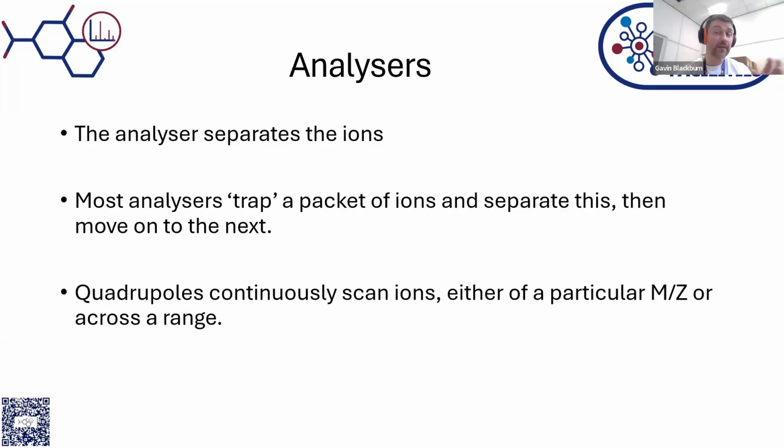Only allow things of that mass to charge ratio to go through. And you don't have to collect a packet of ions and separate them out. You just continuously look for that particular signal. So you are not going to get to the point where you are analyzing a packet of ions and you are losing some information beforehand for the signal that you're interested in. You're just continuously looking at that thing.